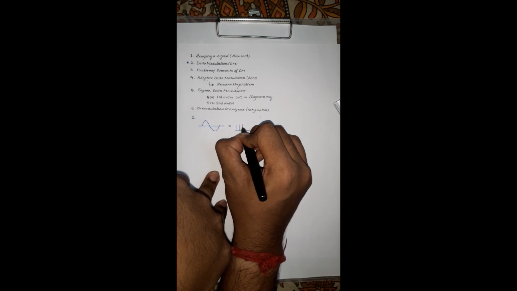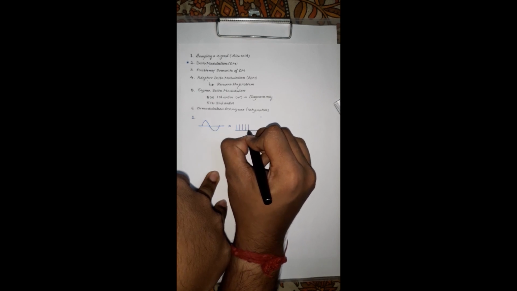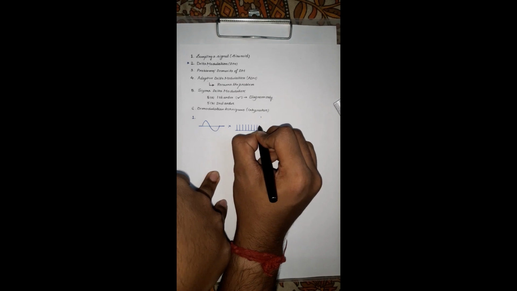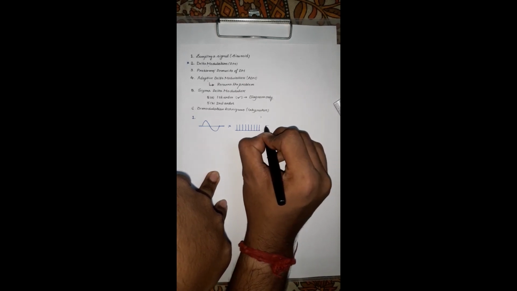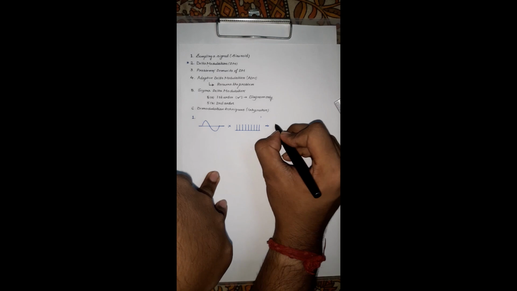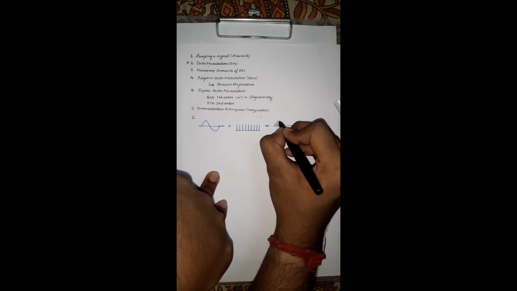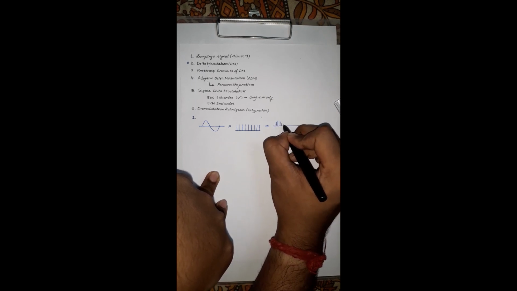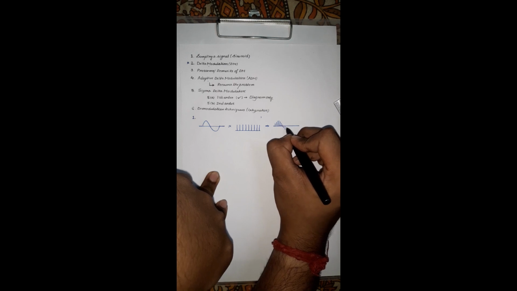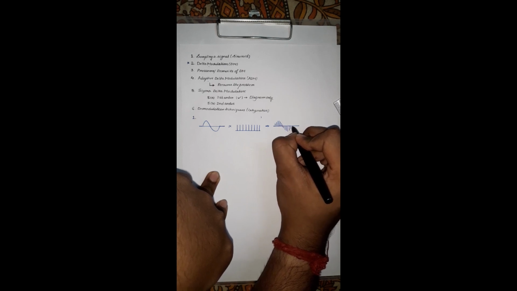I am considering that these are the unit impulses, so the output will be like this. Right, this will be the output, and I have discussed it in the sampling theorem in the sampling video, where I have discussed the sampling.